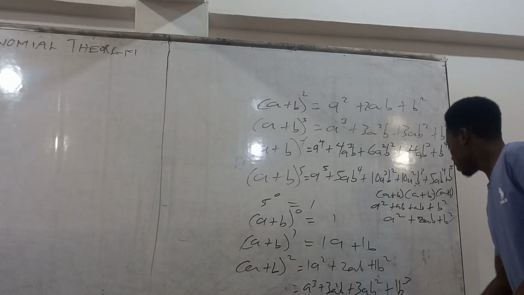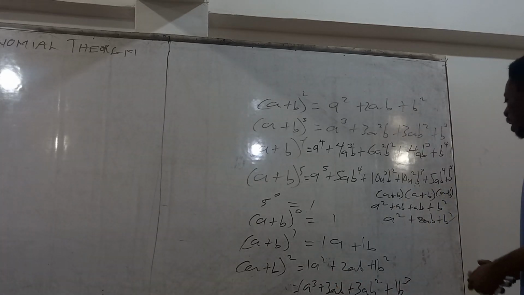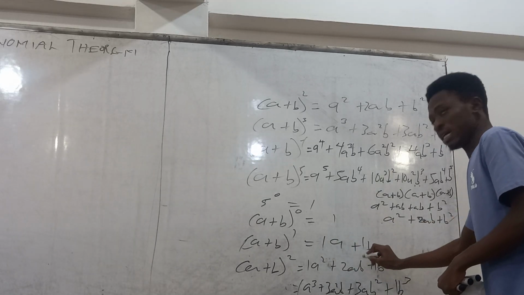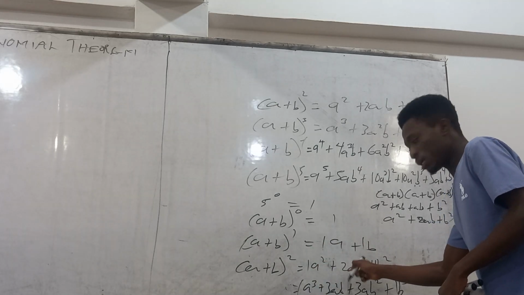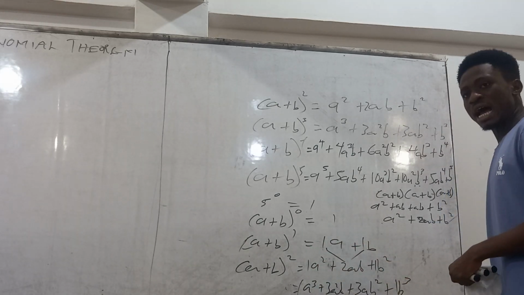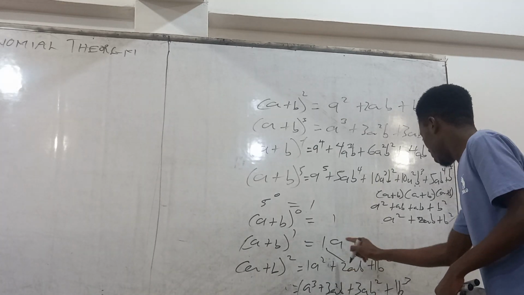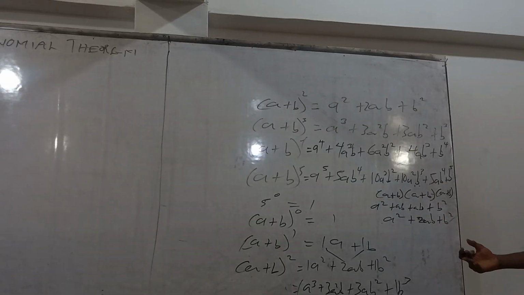So you realize that still the coefficients were 1, 1 at the edges. But as time goes on, you see this one was 1, then it became 1, 1. Then the third one here became 1. Then the middle term was the addition of the 1 and the 1 here, and you get 2. Then the last term came here. So that was a streak. That was how he deduced that triangle.